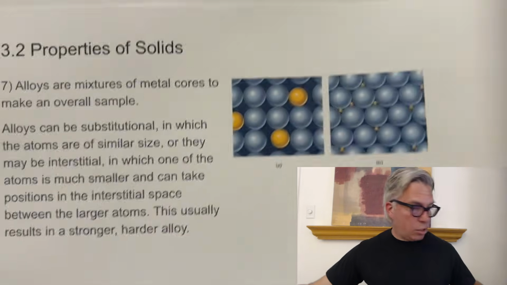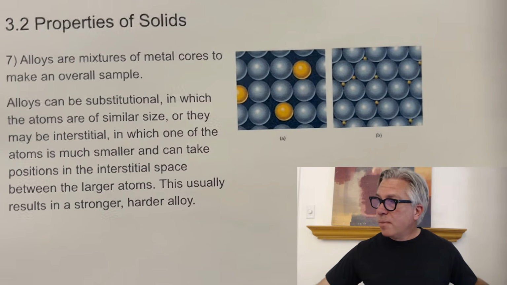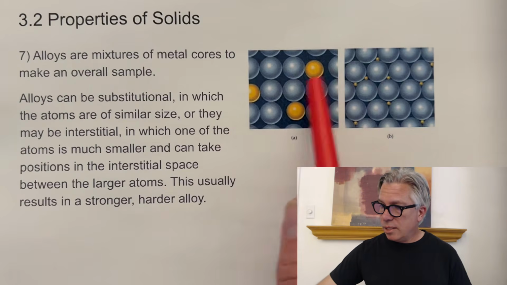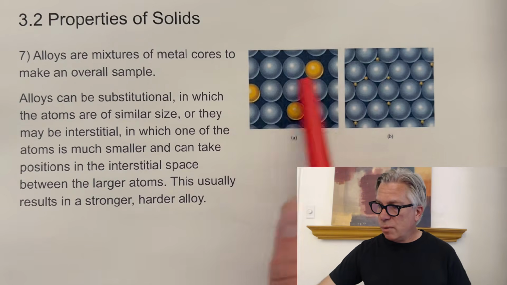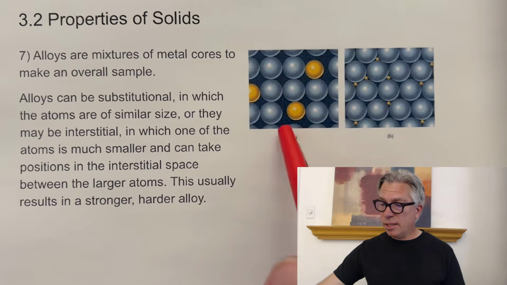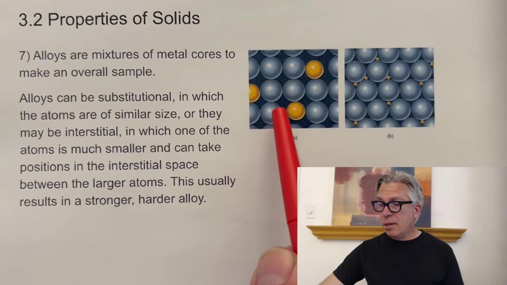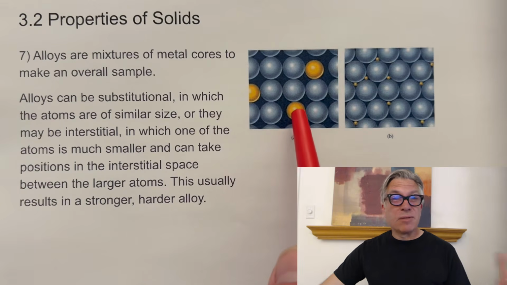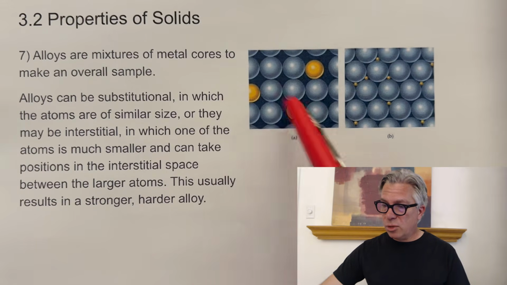And here we're introduced to alloys as well, which are mixtures of metals. These are positive cores floating in a sea of electrons. Here the electrons are not shown. But we also need to know that there are two main kinds of alloys. One is a substitutional alloy, in which the atoms are swapped out for other atoms of similar size, and so they just take the new spots in the lattice.